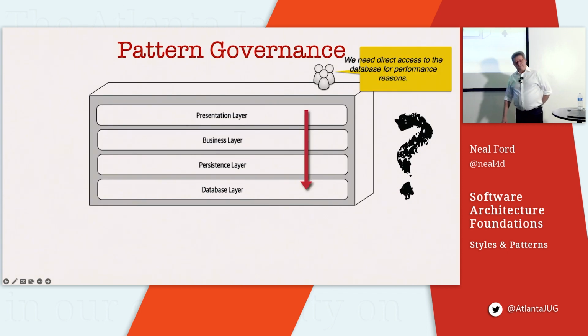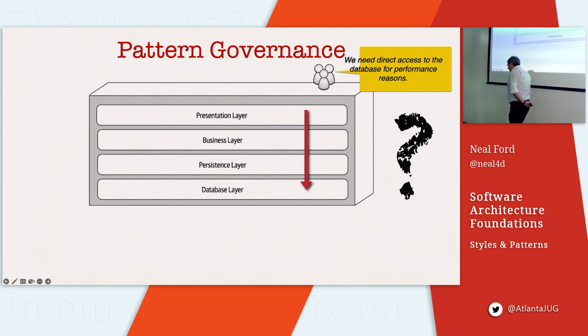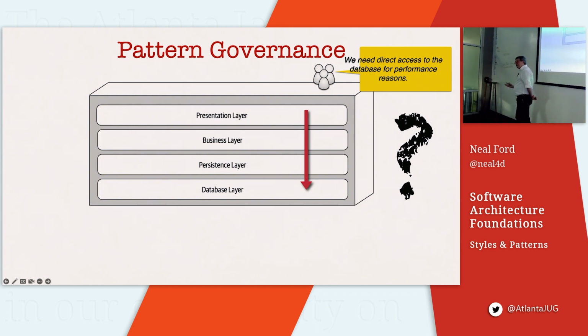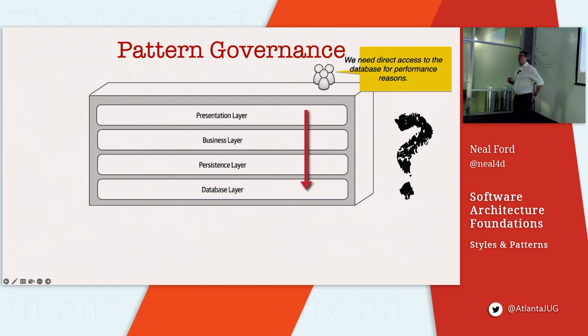Now, as an architect, you're responsible for designing the architecture, but you're also often responsible for supervising the construction of that architecture. And what happens in the layered architecture if the reporting team comes to you one day and says, hey, it's taking our request too long to go through all those layers.